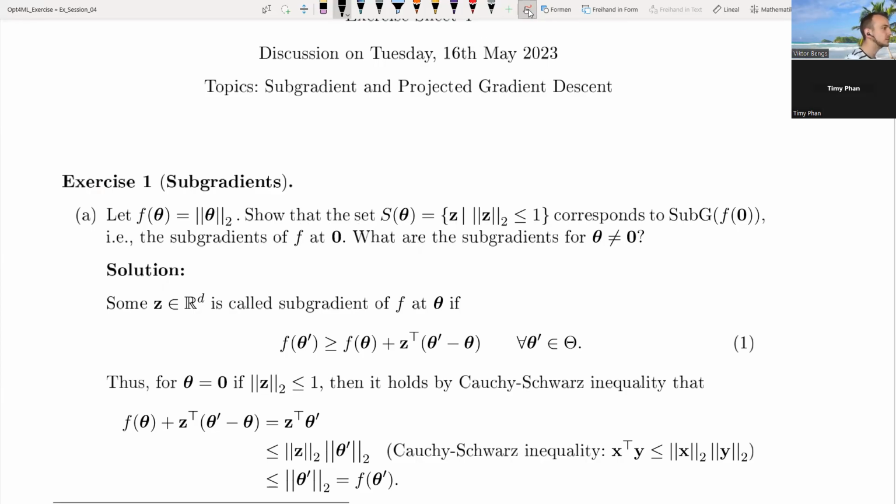To be more precise, these are d-dimensional vectors which need to fulfill only one property, namely that their Euclidean norm is bounded from above by 1. So essentially, this is the unit L2 ball.